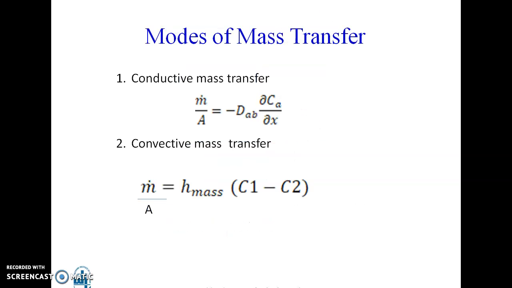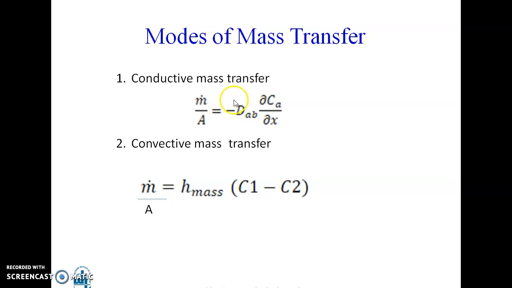Now, like convection and conduction, in mass transfer also there are modes. We'll see two modes. First is conductive mass transfer. Here we can apply the analogy of heat conduction to mass transfer. In Fourier's law of heat conduction, on the left hand side there was heat flux denoted by Q by A. Here it is mass flux M by A. These two terms are analogous to each other.